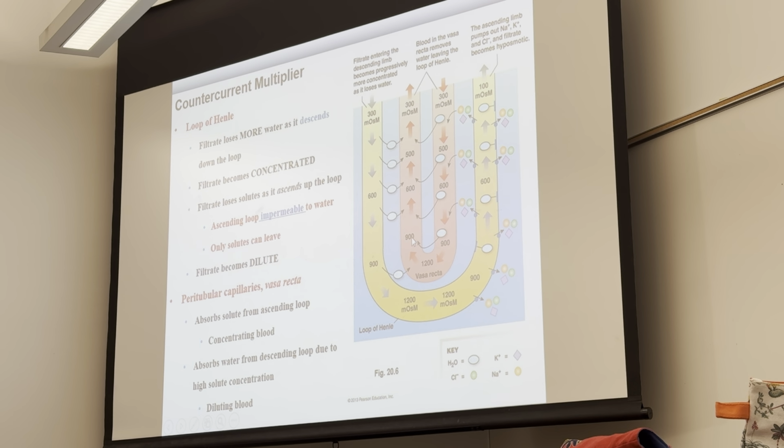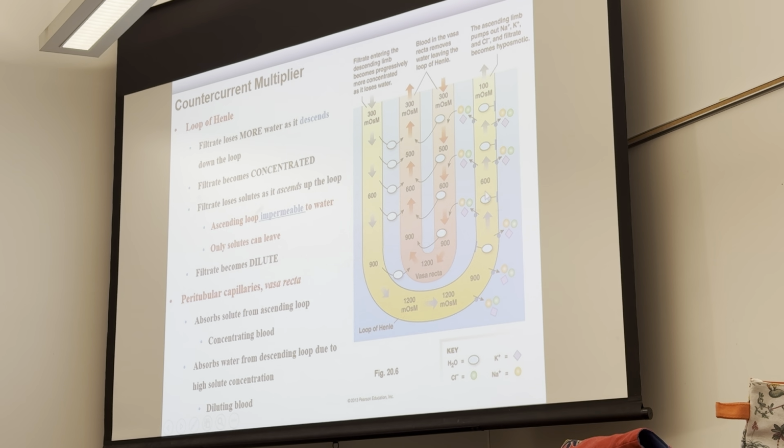See, as it enters, let's say this is 600, 700, 800, and right next to it is 900, right? The water will be invited to come here from the high concentration of water to the low concentration of water.